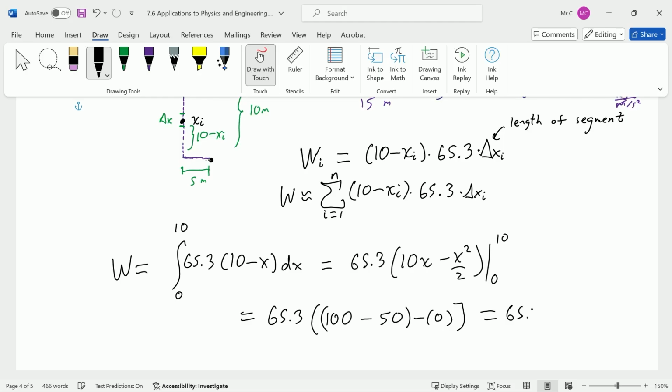And so that's 65.3 times 50 joules, which is 3,265 joules. Okay. So that's it.